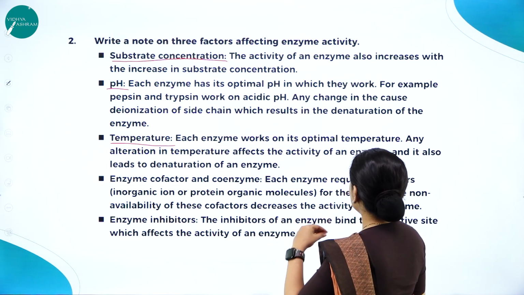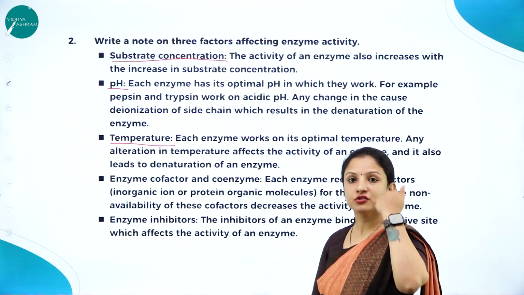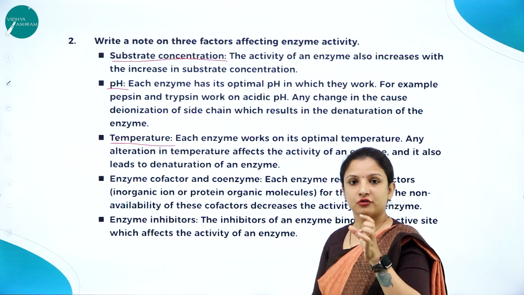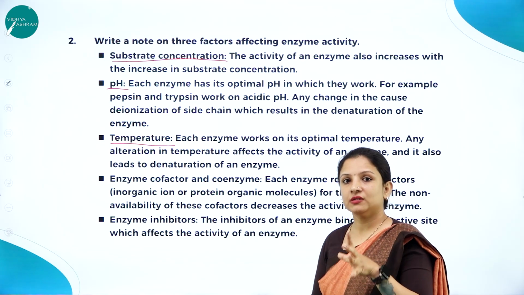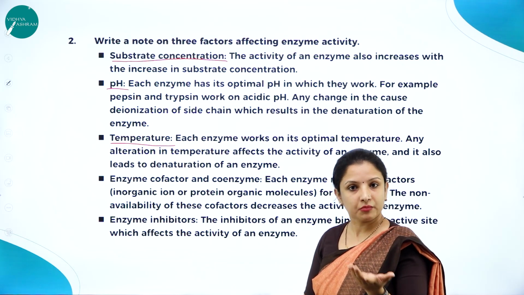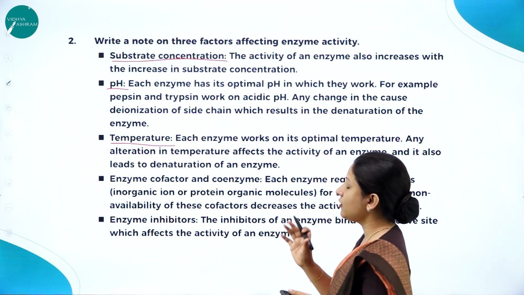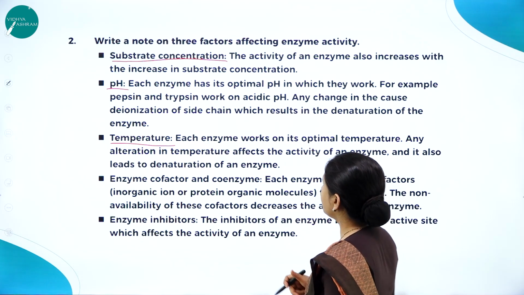Sometimes, if the temperature is too high during the process of reaction, the enzymes can get denatured, because at the end of the day enzymes are nothing but proteins and they can easily get denatured at higher temperature. So therefore temperature is also a limiting factor.